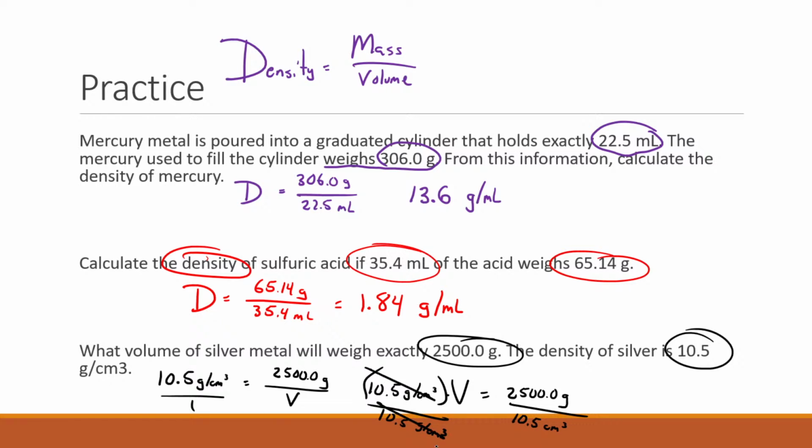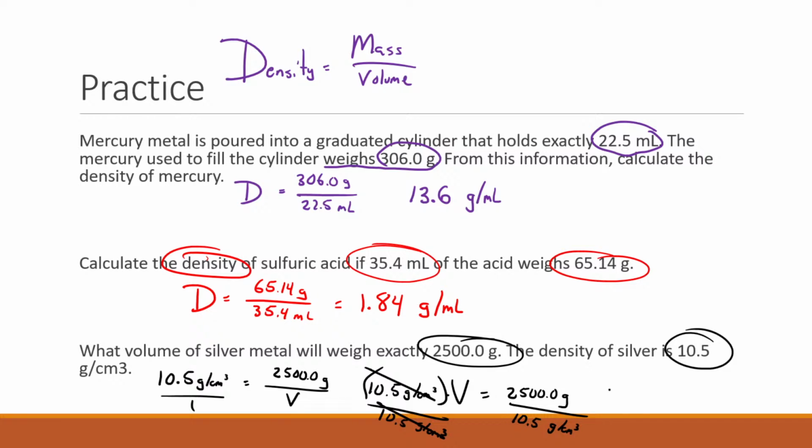Right, cancel out. We've got volume alone now, and that's going to be equal to this weight divided by this volume. Or, sorry, this density. I don't know why I didn't take it the whole thing over. Alright, so we've got mass divided by density to give us our volume.